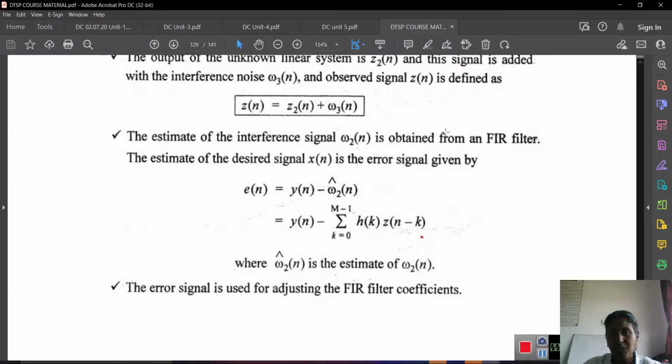So the estimate of the interference signal w2 of n is obtained from one FIR filter. The estimate of the desired signal x of n is the error signal, given by e of n equal to y of n minus w2 cap of n.